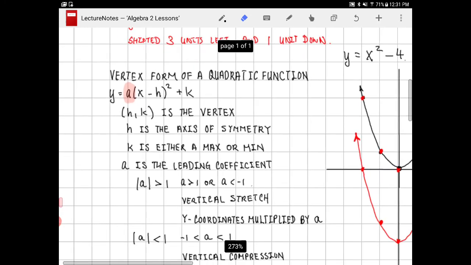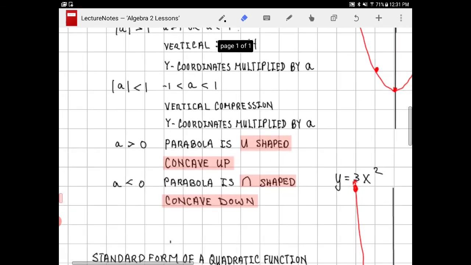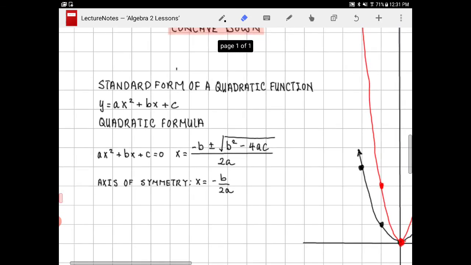So there are definite advantages of writing a quadratic equation in vertex form over standard form. However, most of the problems that you will be presented with, because this is an algebra class, you will be expected to know how to manipulate quadratic equations that are in standard form. All right.